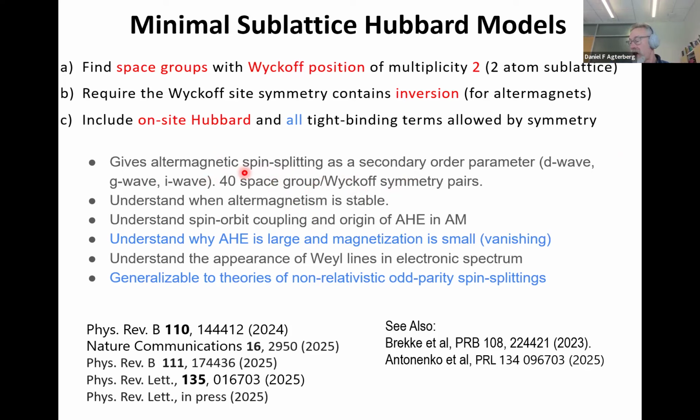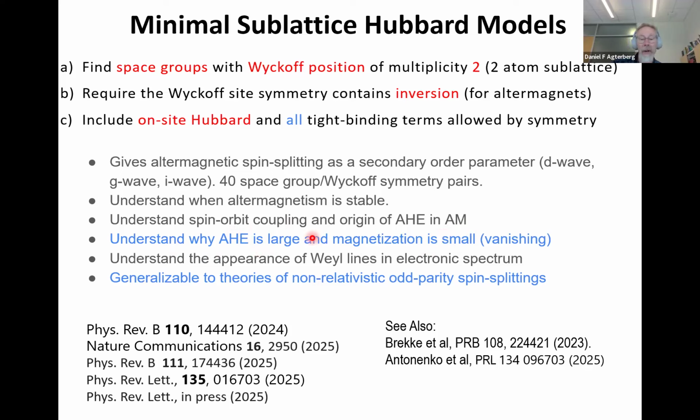So we've spent some time studying these kinds of models. And so what I want to talk about today is a couple of the more recent results, and those are the ones highlighted in blue. In particular, if you look at DFT results, you can often see that the anomalous Hall effect is observed to be large in DFT, but the magnetization, when it exists, is sometimes small and sometimes large.